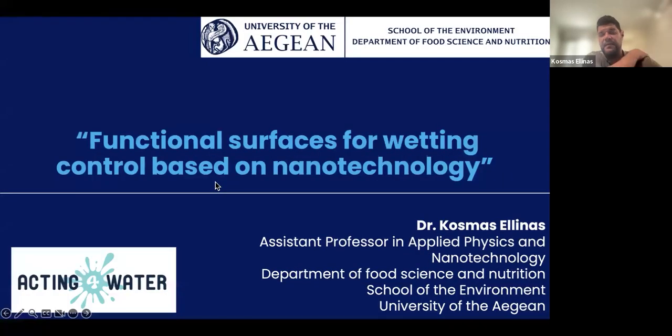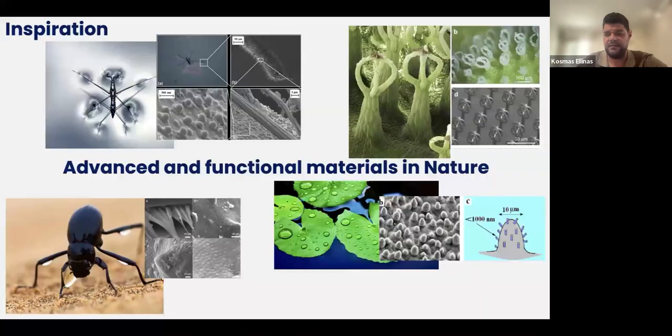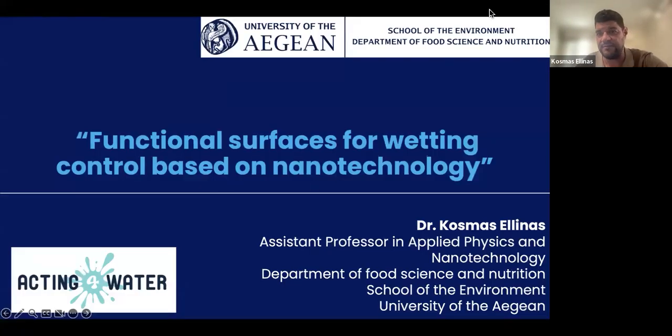Okay. So this is the second part of the subject area we started last week. Last week, we mainly talked about advanced manufacturing methods to produce advanced materials or functional surfaces.